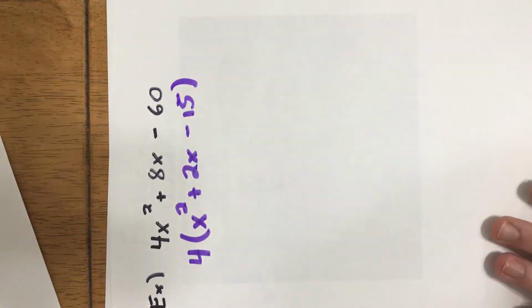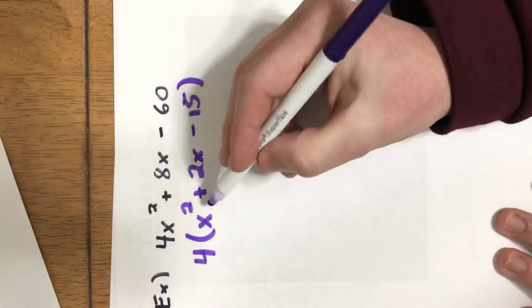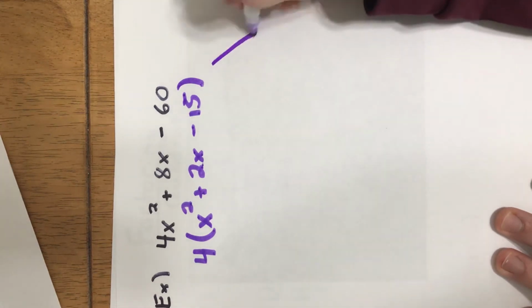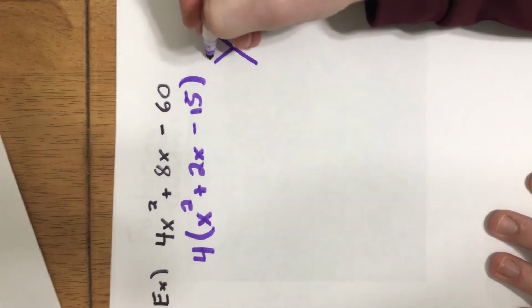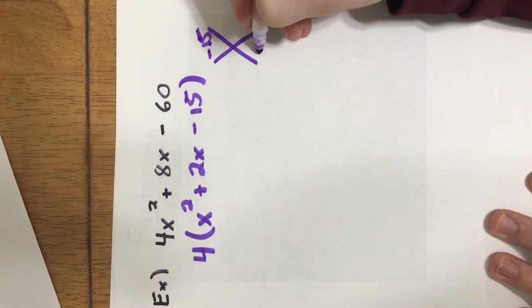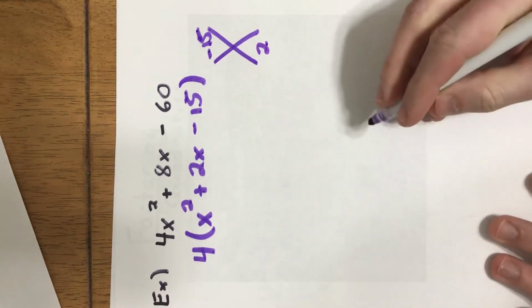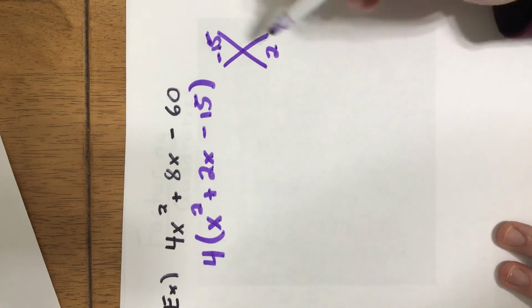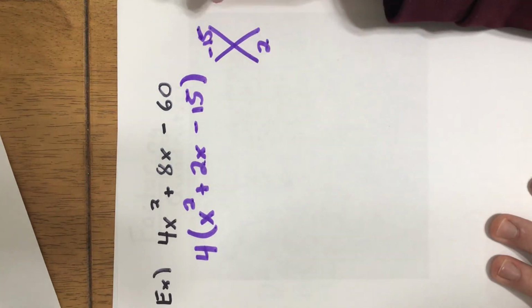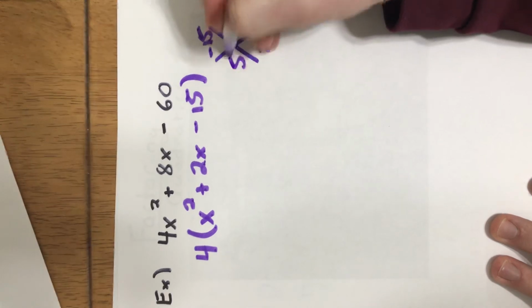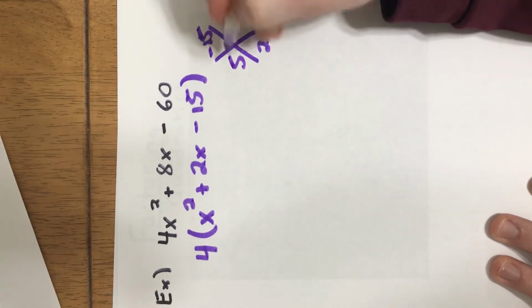So from here, I don't want to just stop, but I could actually use the x method with what I'm left with inside. I put that negative 15 on the top, positive 2 at the bottom. I'm looking for 2 numbers that multiply to negative 15 and add to positive 2. In this case, we're going to have 5 and negative 3.